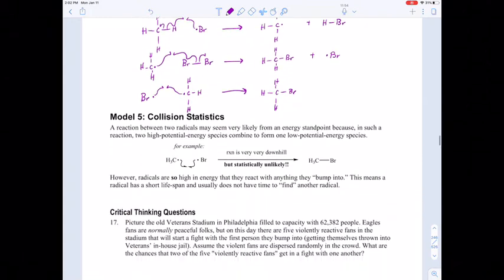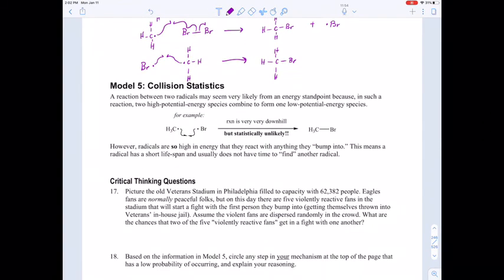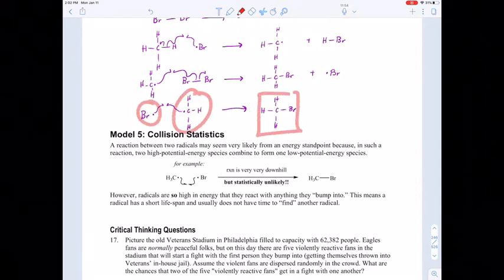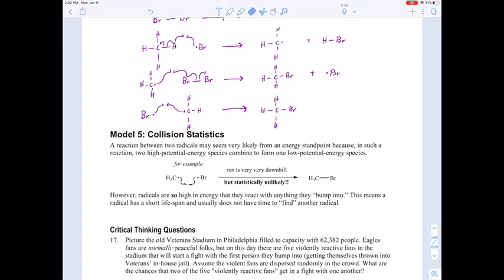A reaction between two radicals may seem very likely from an energy standpoint because, in such a reaction, two high potential energy species combine to form one low potential species. Right here, high energy, here, high energy, over here, low energy. I told you before, chemistry loves to make low energy products.